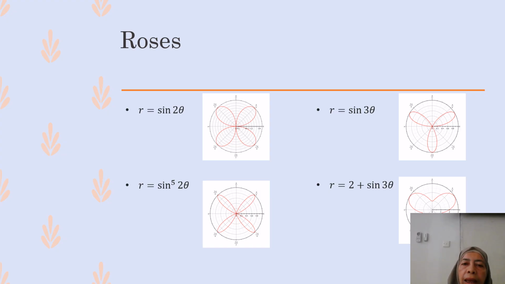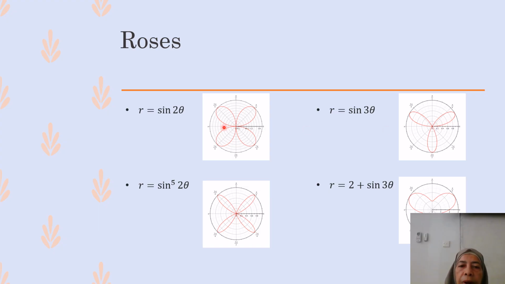This one is roses. When we have the sine function, so r equals sine 2 theta, we will have the picture like on the right side, which has 4 petals, because of the coefficient being even. And when we have an odd coefficient like sine 3 theta, we only will have 3 petals.